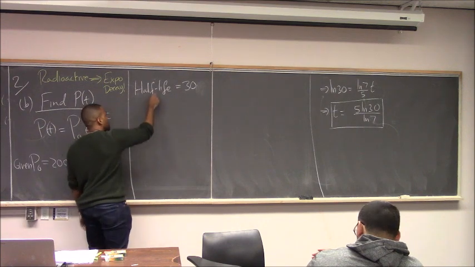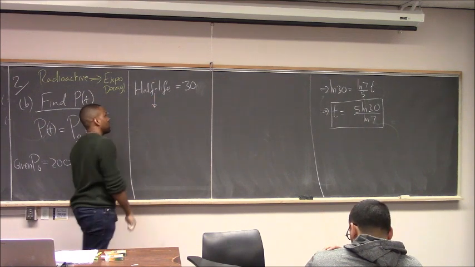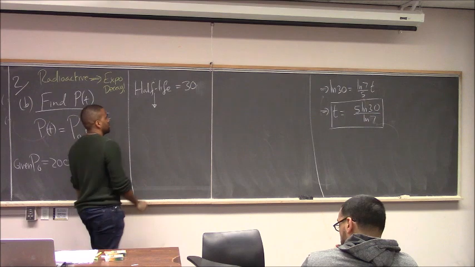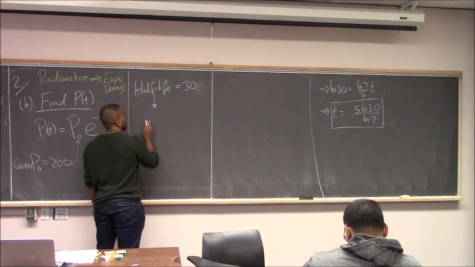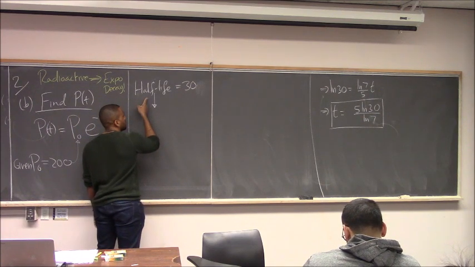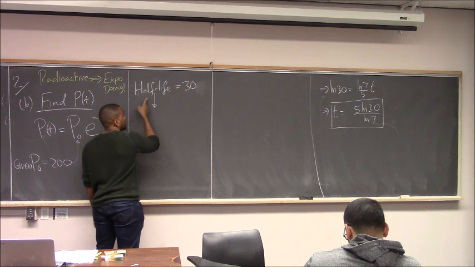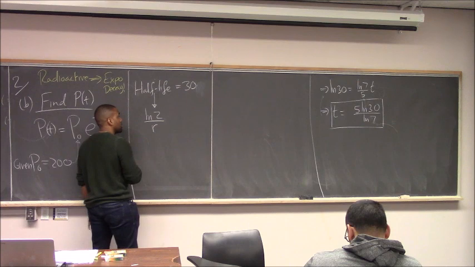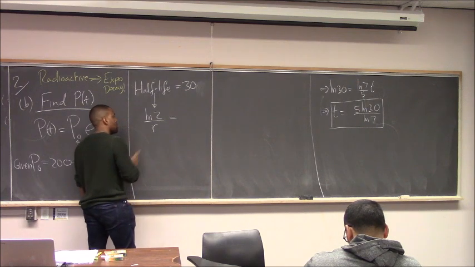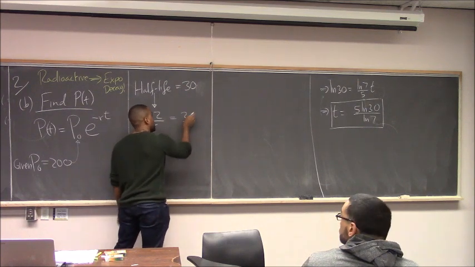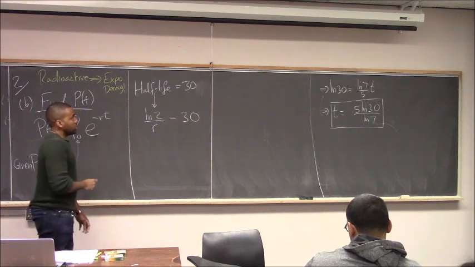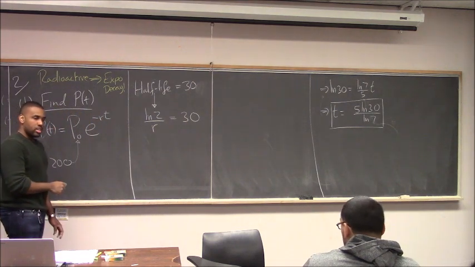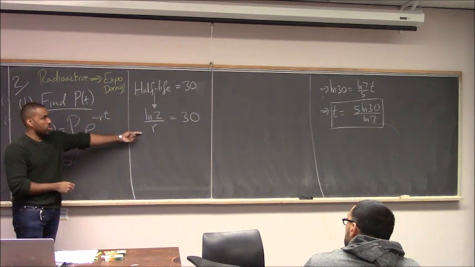But we do have a formula for half-life, which is what? T_H equals ln 2 over R. ln 2 over R is how we would compute half-life. Basically them telling you the half-life is 30 is the same as them telling you ln 2 over R is 30.